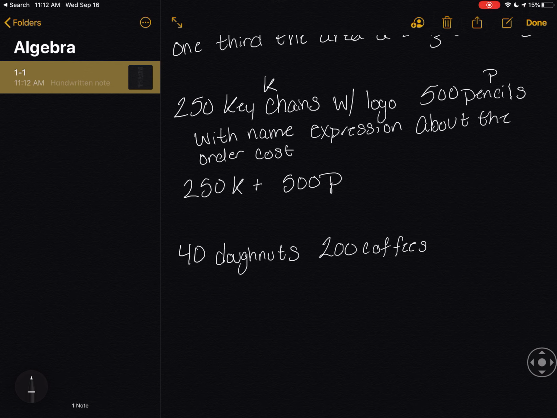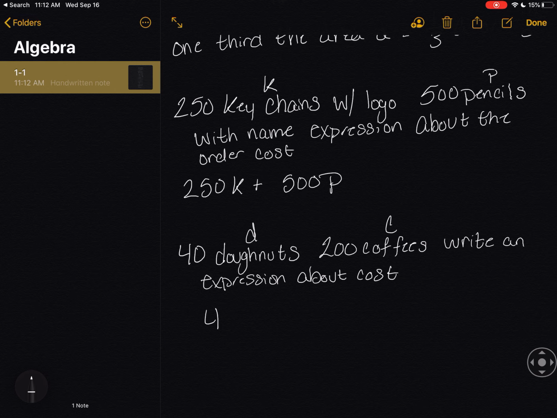Again, write an expression about the cost. So maybe you want to assign donuts D, whatever letter you picked was fine, and coffee C. If I have 40 of them, they all cost something, and that cost is added to the cost of my 200 coffees. So that is all that you have there.